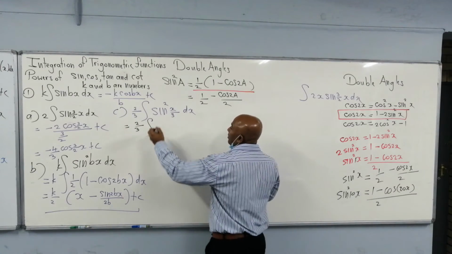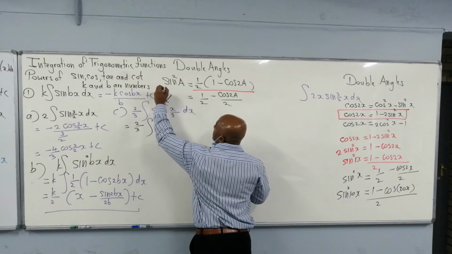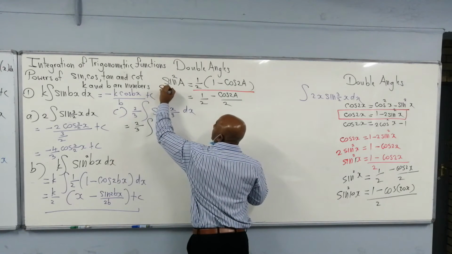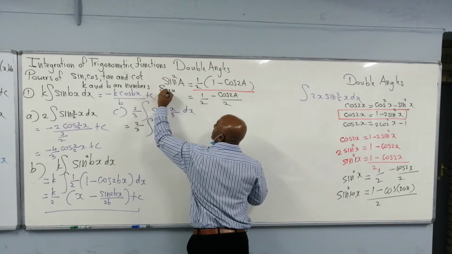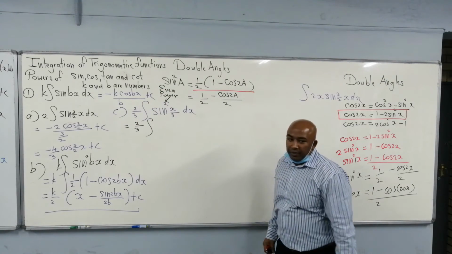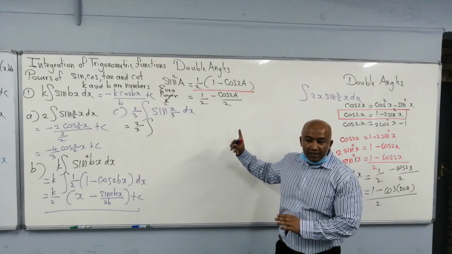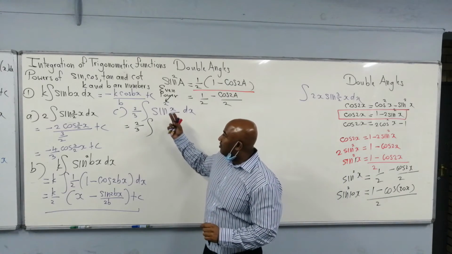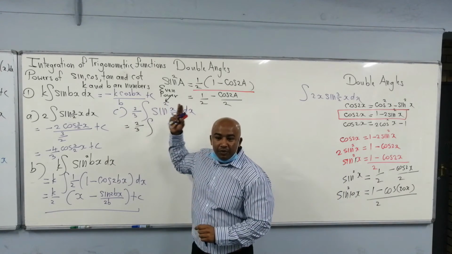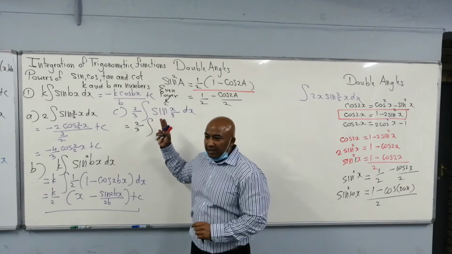Make note that this is an even power. We are using the double angle formula when we have an even power, when your exponent is an even number.